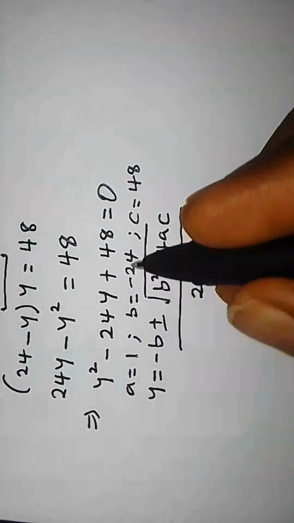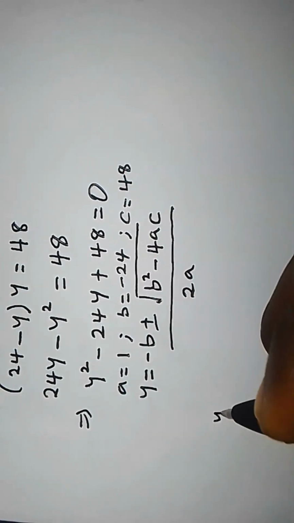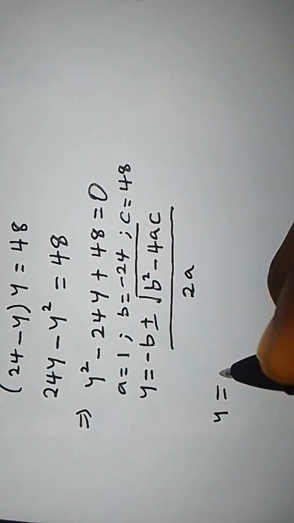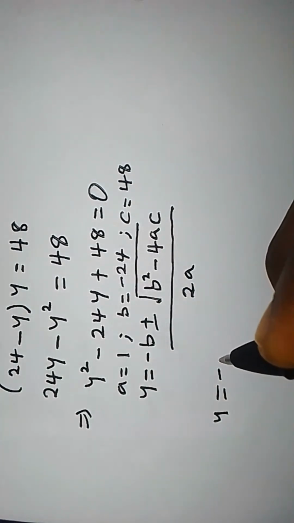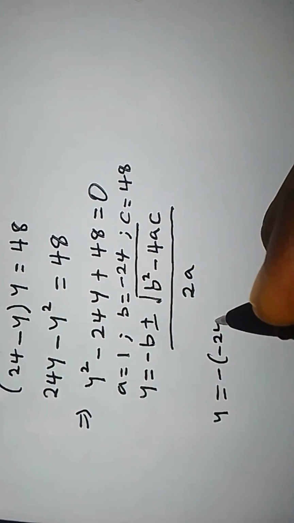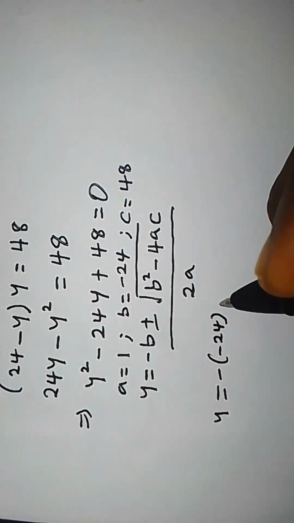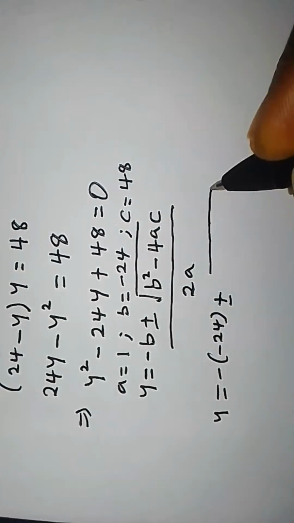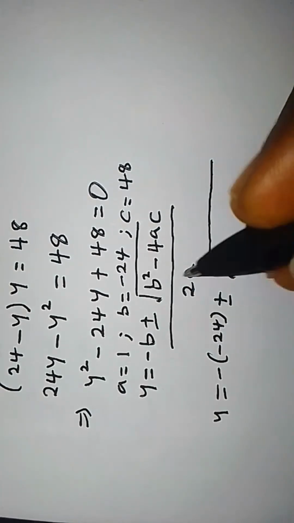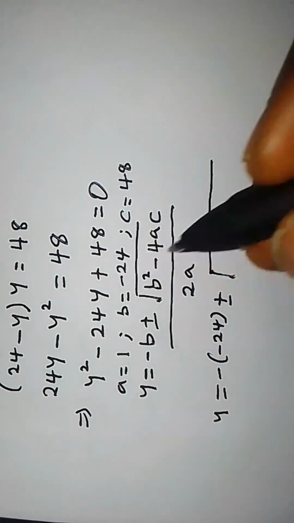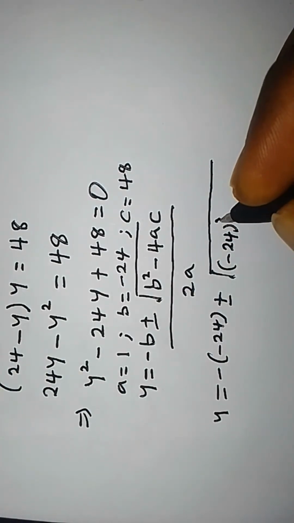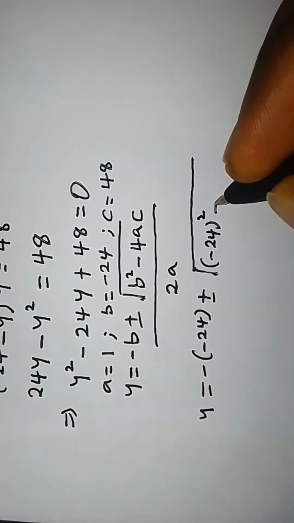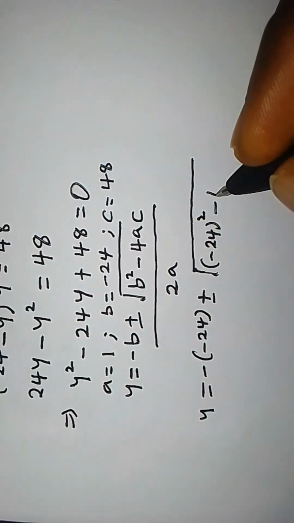So plugging these constants here, y equal to minus, what is b? b is negative 24. Negative 24 plus or minus the square root of b square, that will be minus 24 all squared, minus 4.